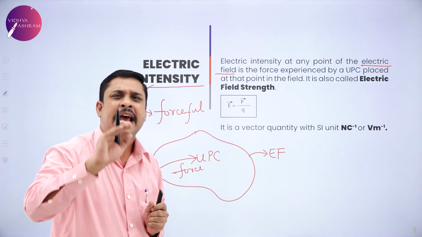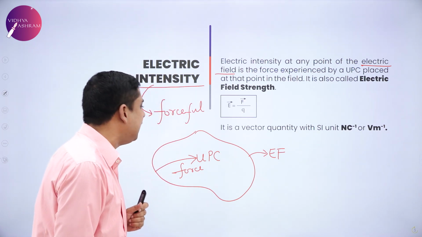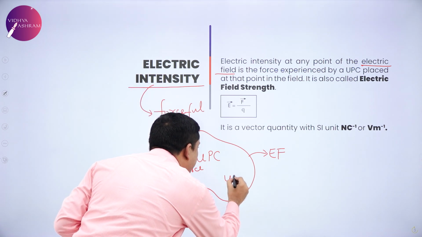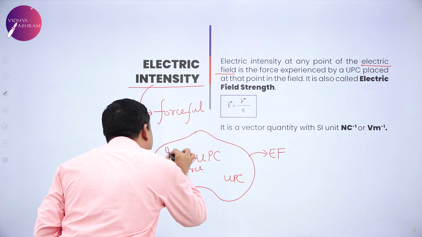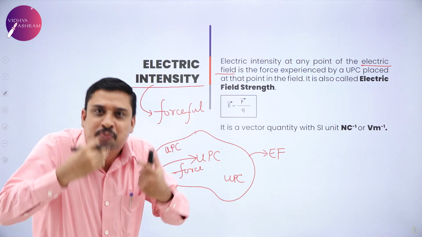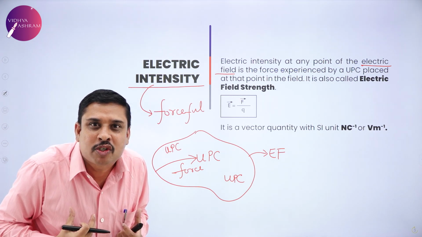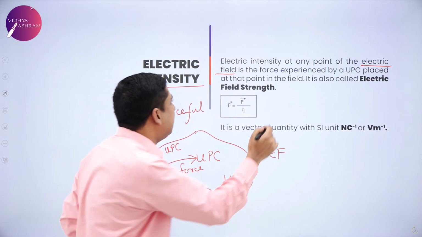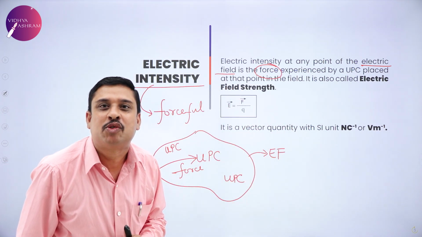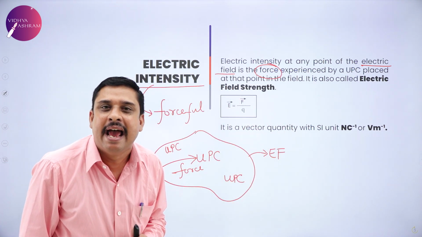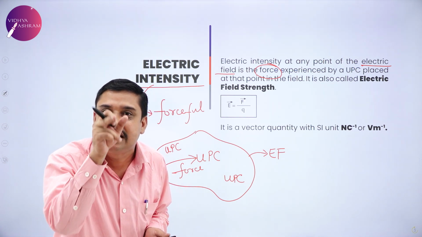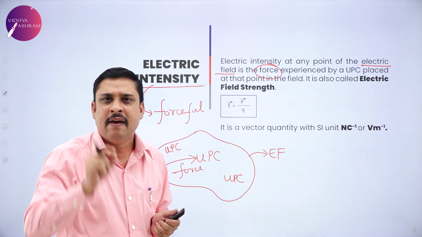So the definition says electric intensity at any point of the electric field. You consider any point within the electric field. You place the UPC wherever inside the electric field. It should experience some electrostatic force, and that electrostatic force is what we call electric intensity. Intensity means force.